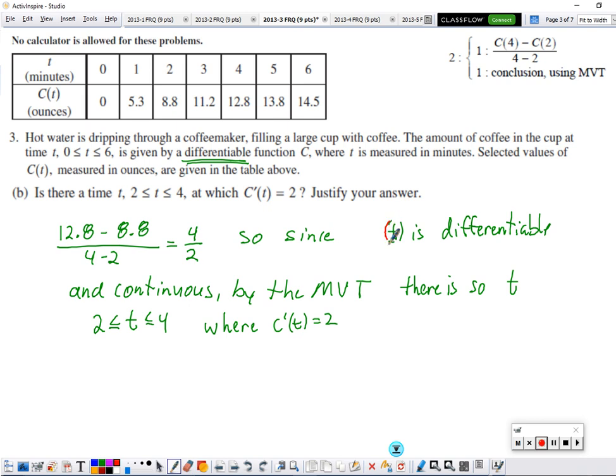Therefore the mean value theorem applies, which means that there will be some point between 2 and 4 where the instantaneous rate of change will be equal to 2. This is worth 2 points, but I don't think you should stress much about it. There's no way to actually find it.